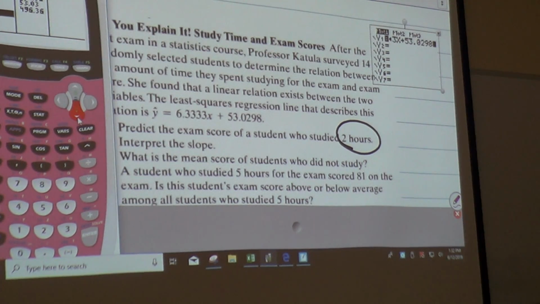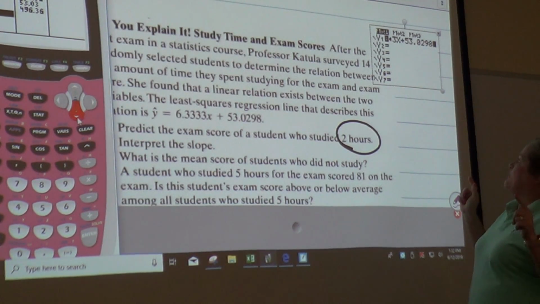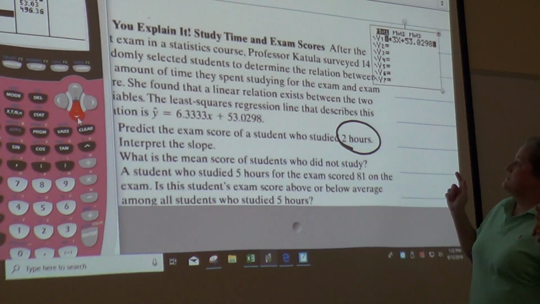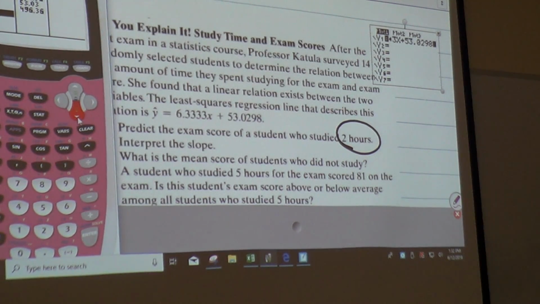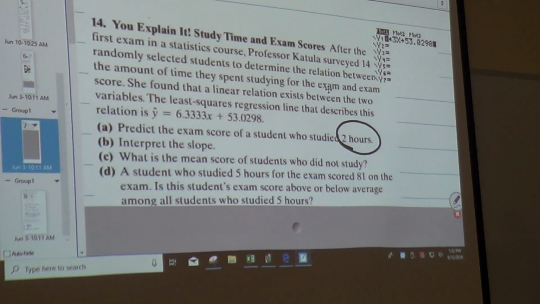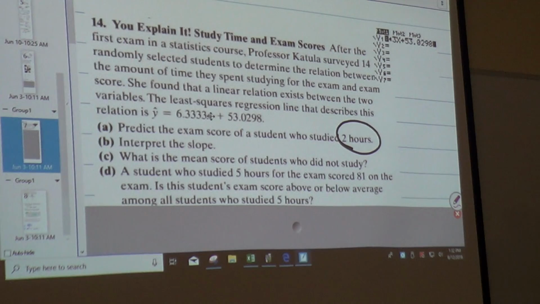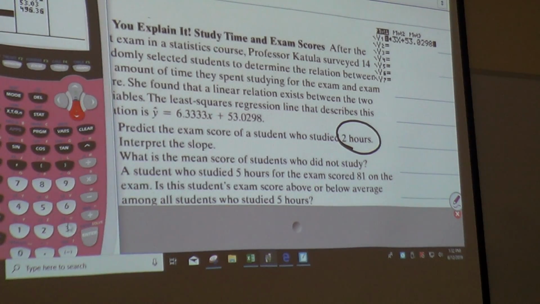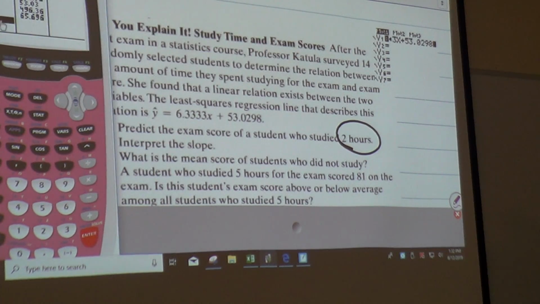Now, they told me in the problem what x and y represent. We're comparing two things, the relationship between the time they study and their exam score. Okay? So, x is going to be the time they study. So if I want to know 2 hours, 2 is going to be the time they study.